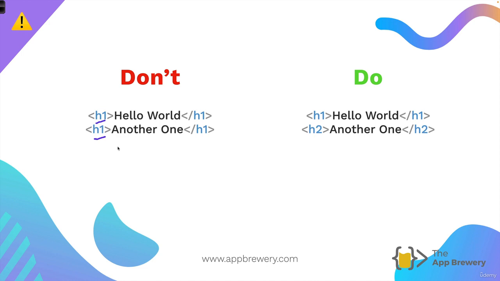Imagine the H1 as the book title and the table of contents as including the other parts. So maybe the H2 would be the first chapter. Don't have more than one H1. Instead, if you need another subtitle or another level of heading, then go to the H2 or H3 or all of the other ones up until H6.